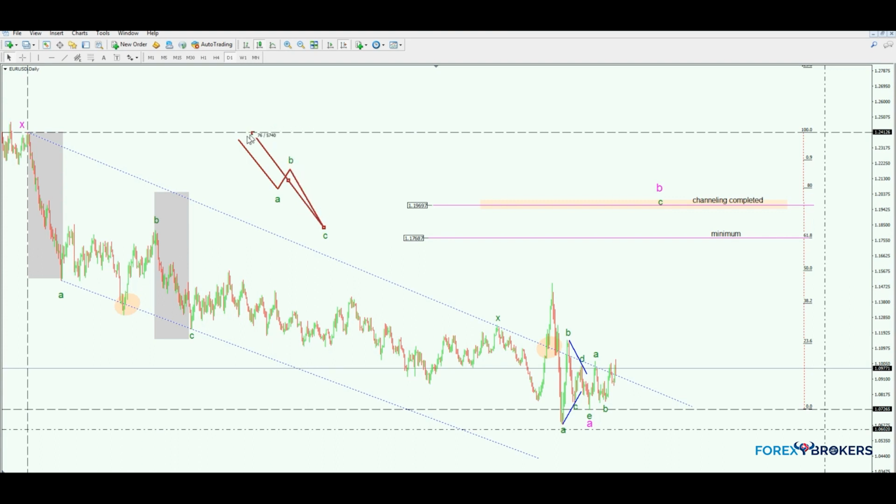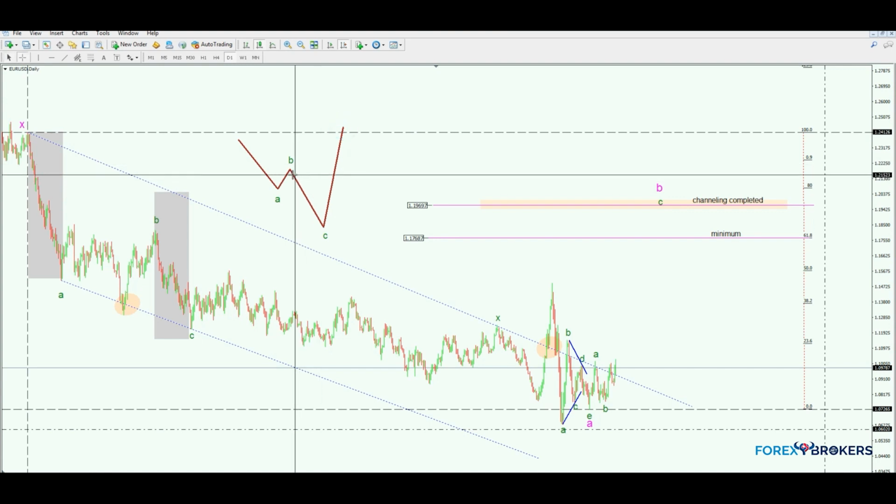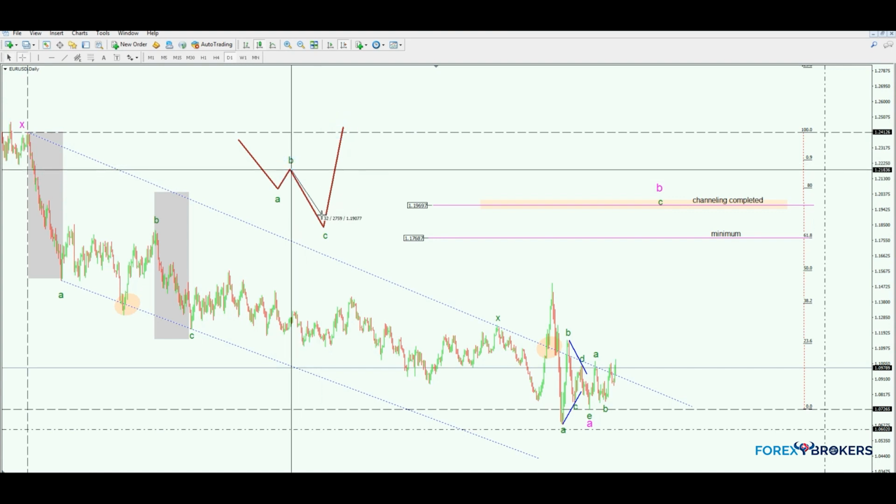So in order to say that this ABC is a zigzag, a simple correction, we need to see the price action reversing completely the C wave in less than the time it took the C wave to fall.